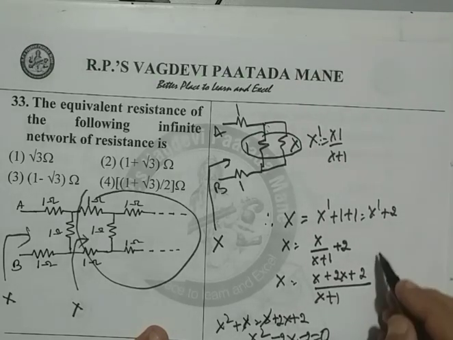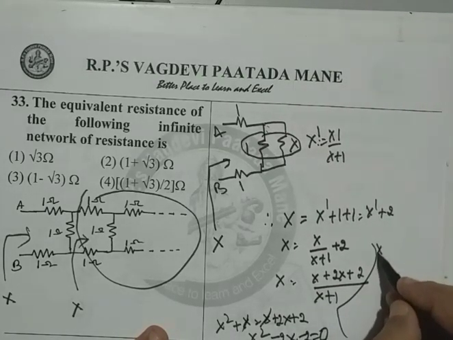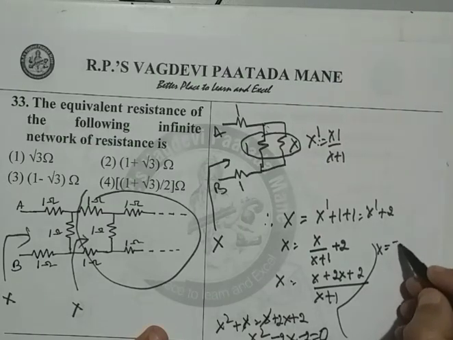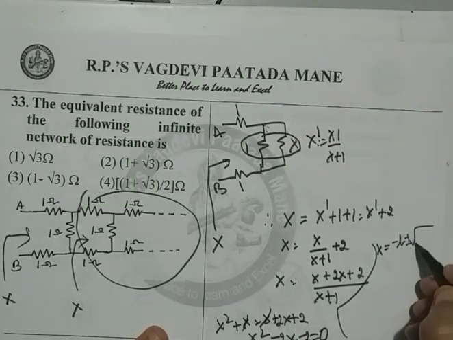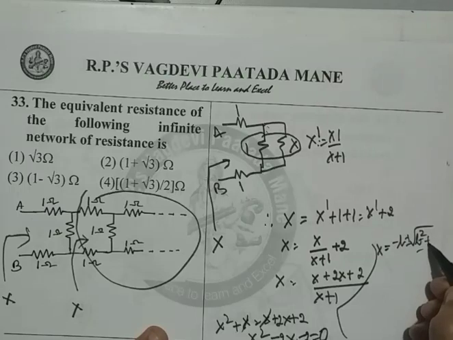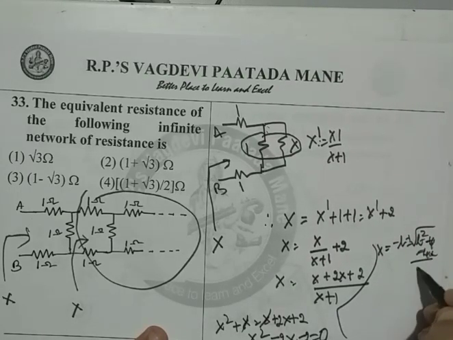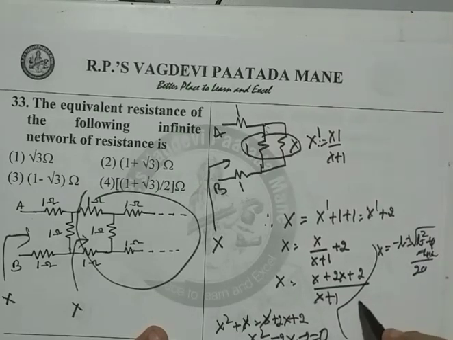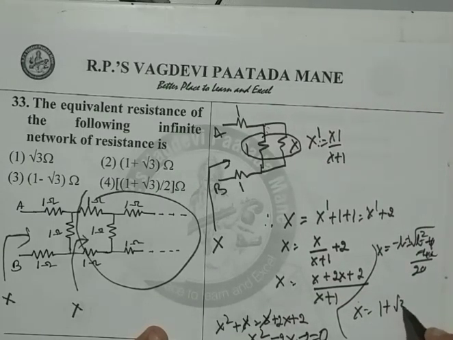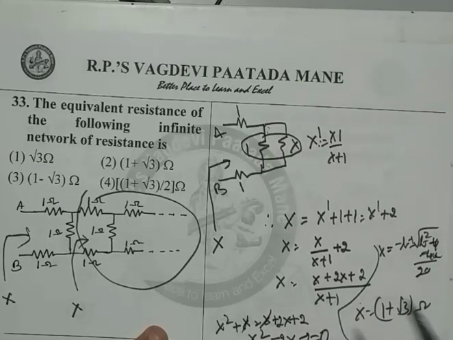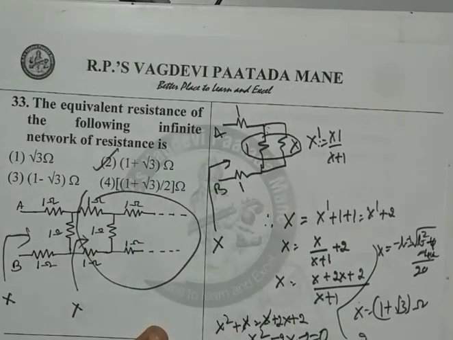If you use the formula X equals minus B plus or minus square root of B square minus 4AC divided by 2A, you will get X as 1 plus root 3 ohms. That is option 2 is correct.